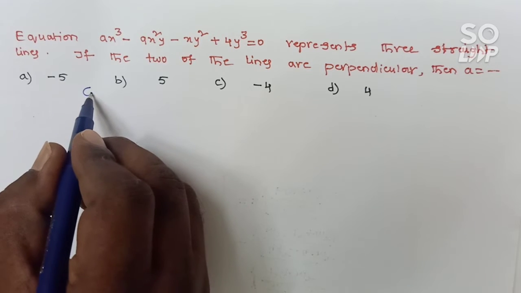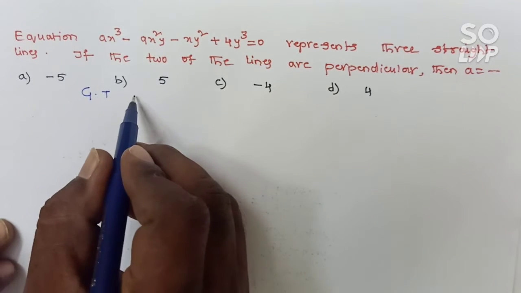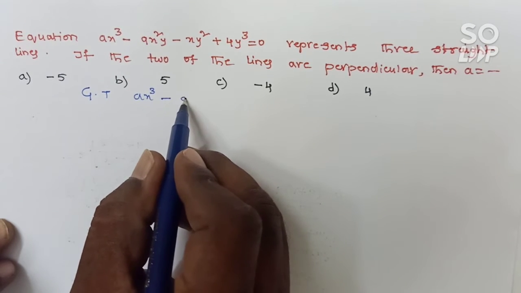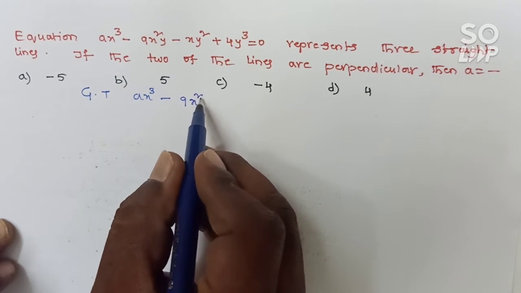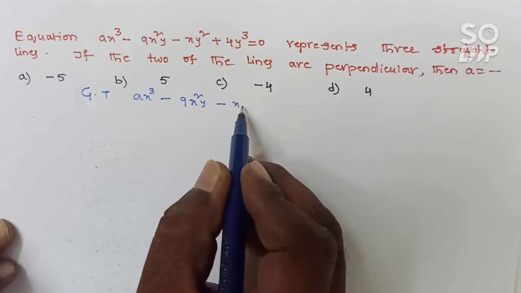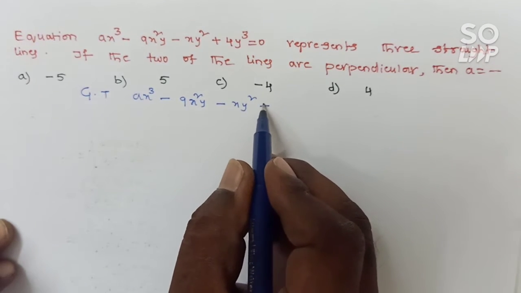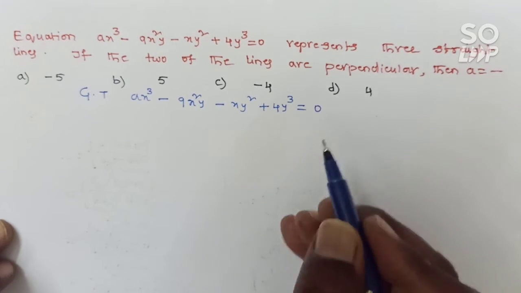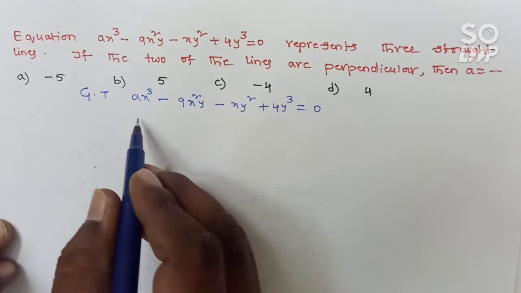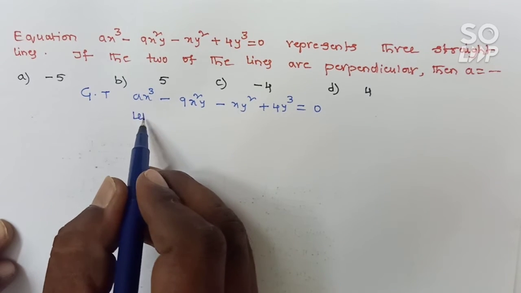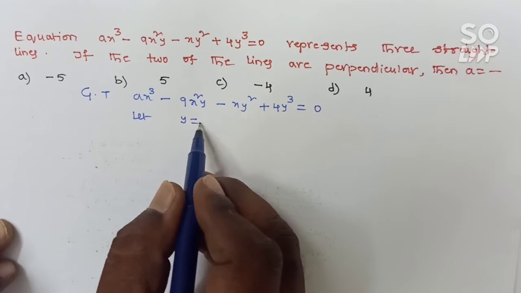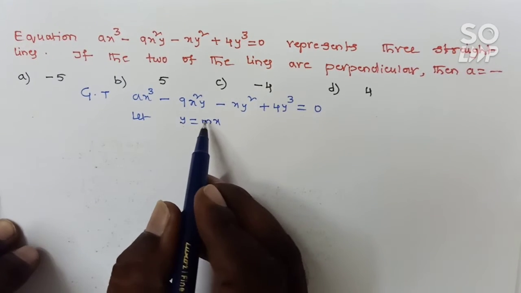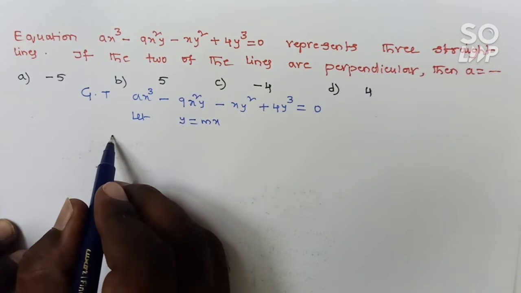See, what is the first given equation? Given that A x cube minus 9 x square y minus x y square plus 4 y cube equals 0. Now let y equals m x. Now substitute y equals mx in this one.